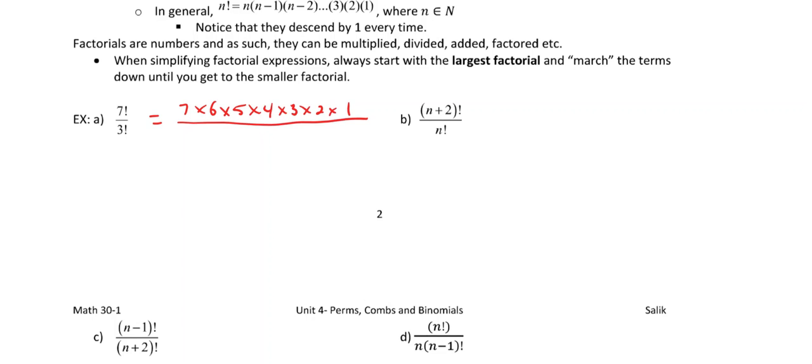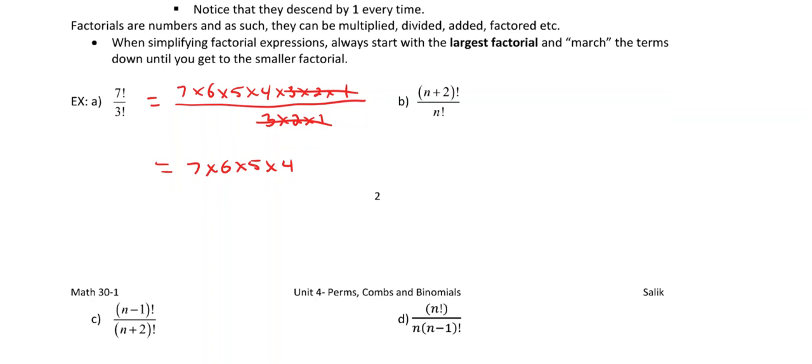Then I divide that by 3 factorial, which is really 3 times 2 times 1. You see how that's the same thing as canceling all those out? So this would all be equal to 7 times 6 times 5 times 4. In the end, you could also just write the answer out, which would be 840.